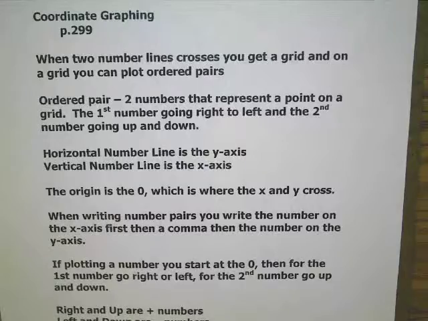Max, because you knew to begin with, positive numbers, what way do they run on the x-axis? Right. Okay. What way do they run on the y-axis? Up. Wonderful. Connie, negative numbers run what way on the y-axis?